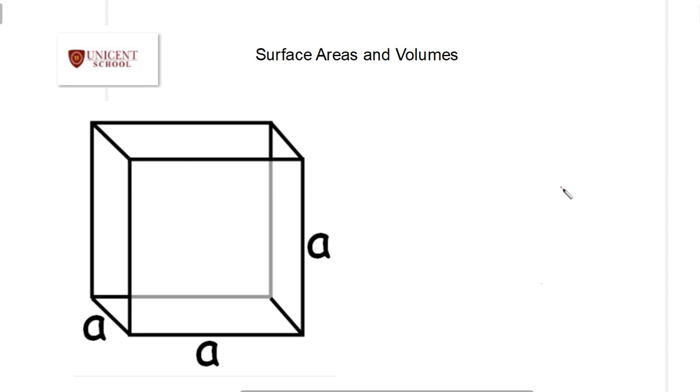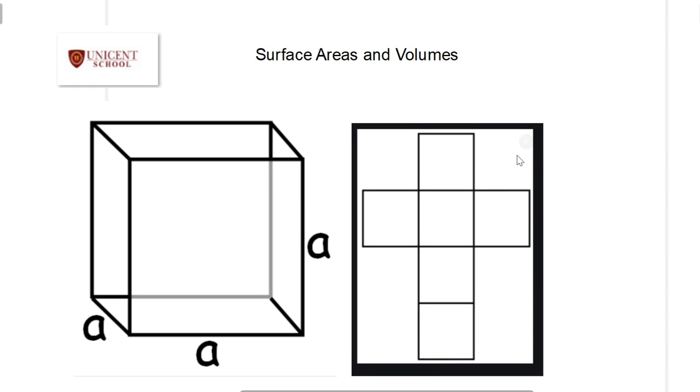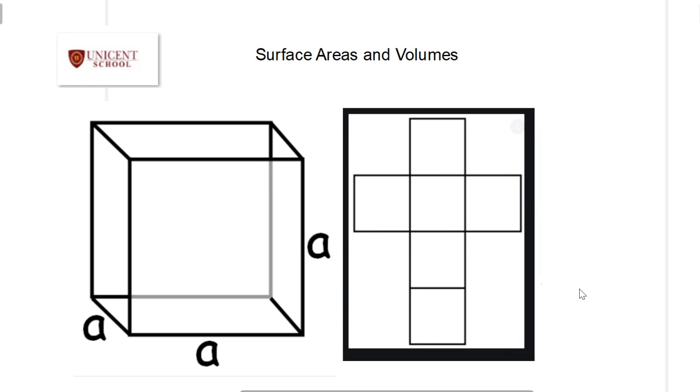So let us see the 2D figure, that is, when I spread out the net of a cube, it appears in this manner. This visualization helps us to remember the surface area formula. To find the surface area of a cube, it is given by 6 squares.